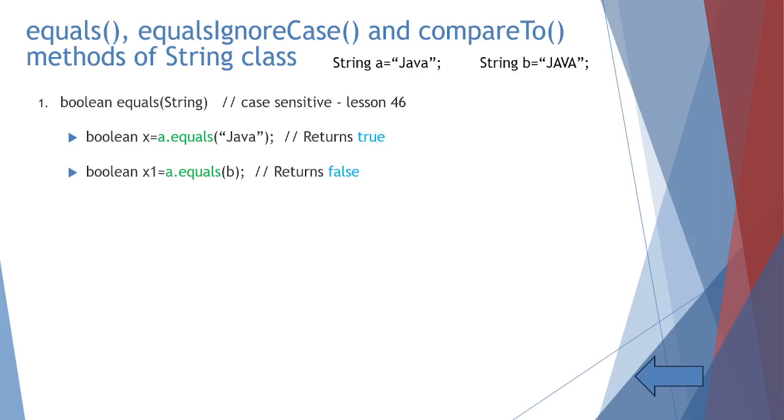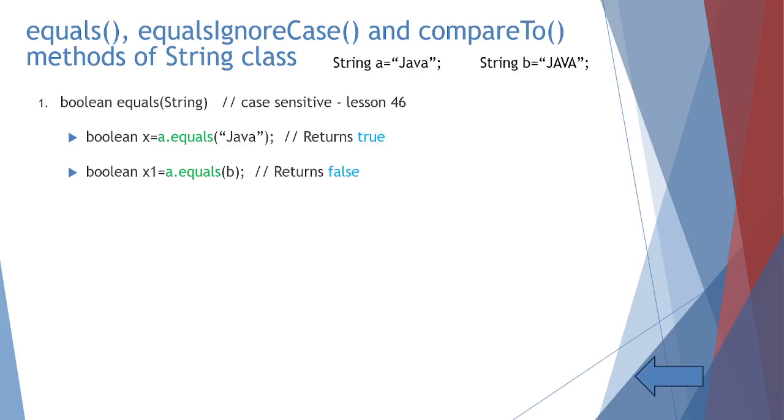B has all capitals, but A does not have all of them capitals, so it returns false. Case sensitive. This particular method we use in password check. Somebody entered a password to enter their mail ID and we are checking. In that case, the equals method we use.